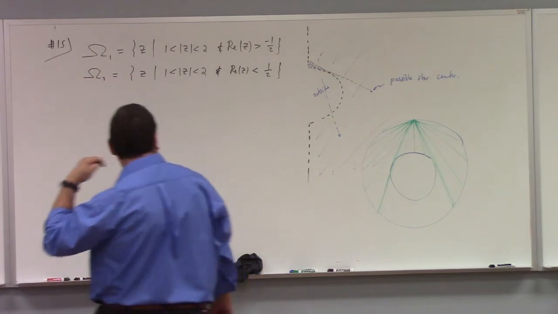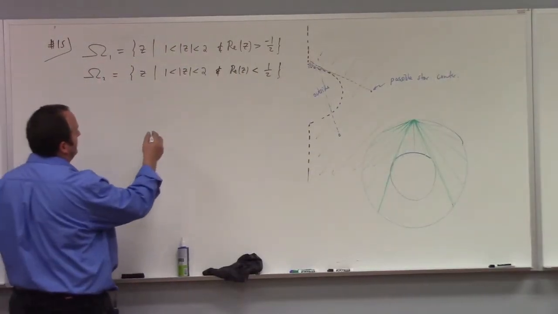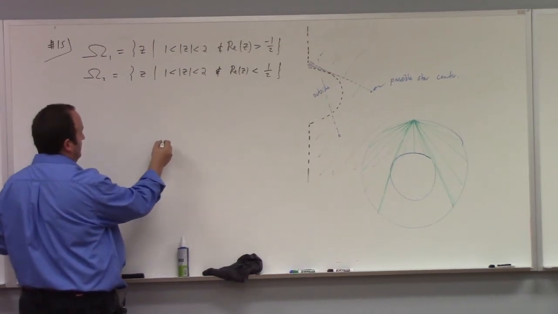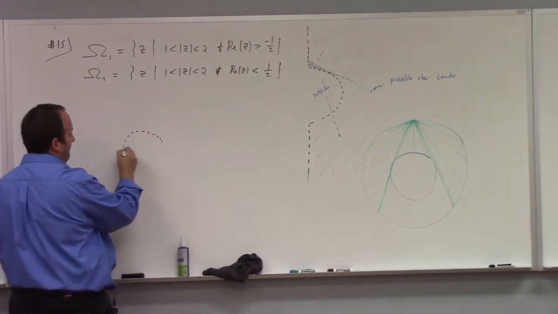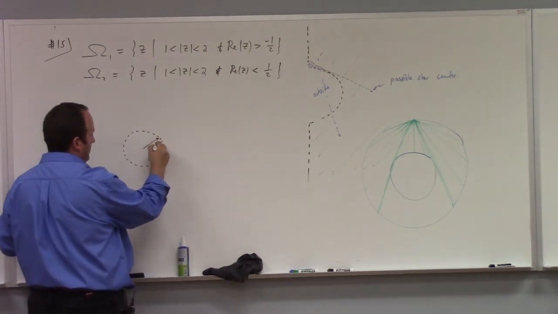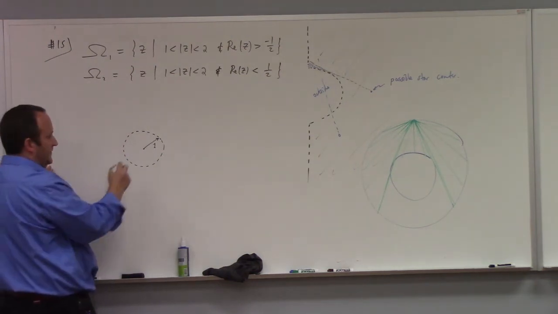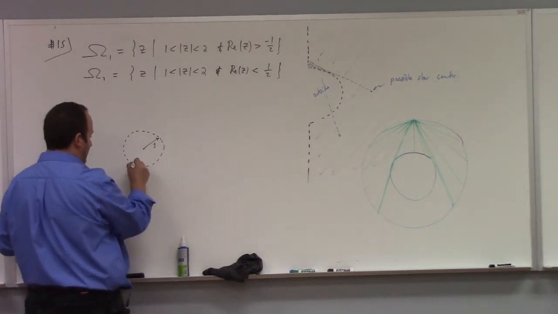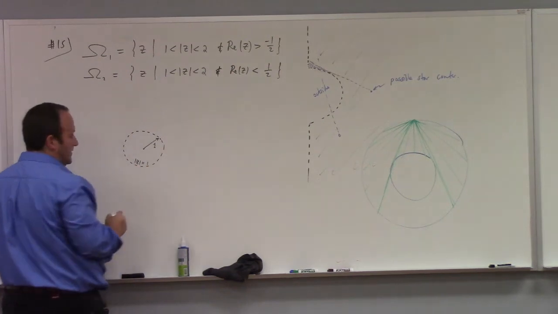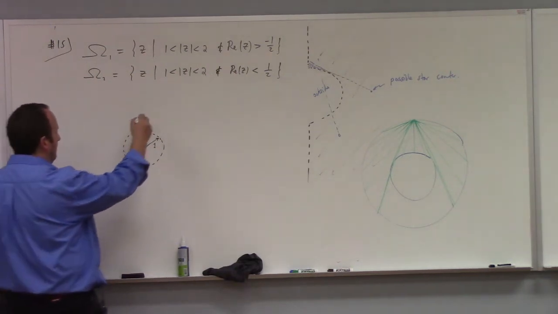Let's see here. Both of these are actually within an annulus, right? So what is this? This would be one out from the origin. This dotted line I just drew is modulus of z equal to 1, the unit circle, and 2 is the circle of radius 2.